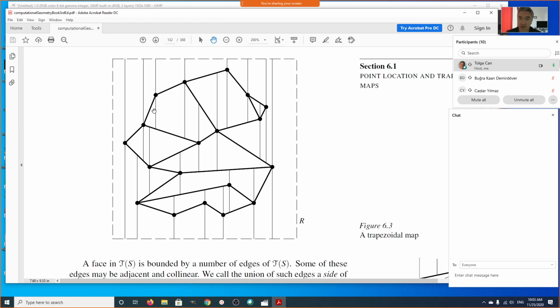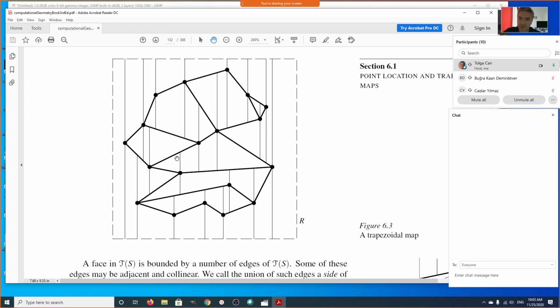By the way, we bound the unbounded face with a rectangle. Before we start the algorithm, we use a bounding box to bound the entire region, and therefore all of the regions have unique top and bottom edges.